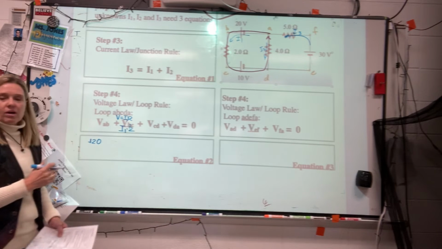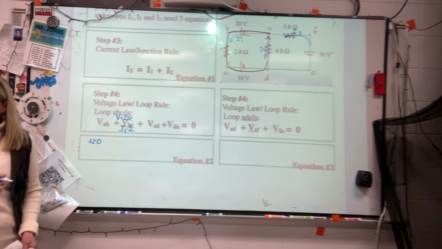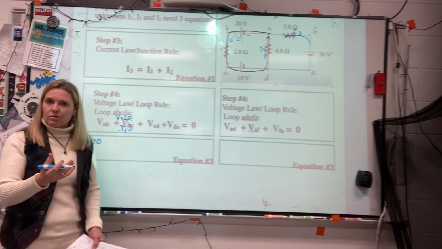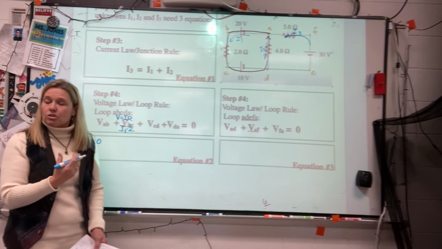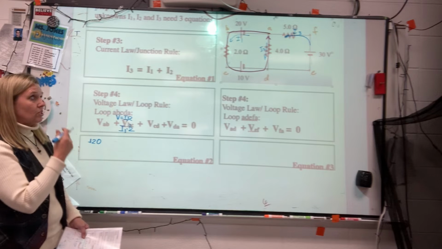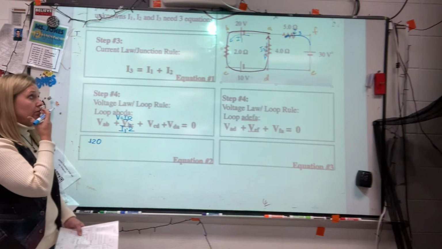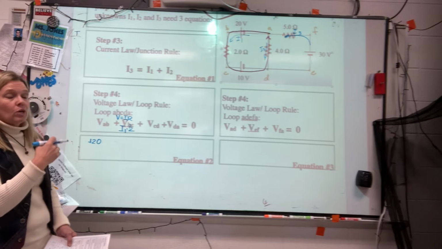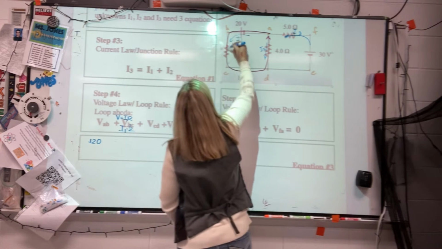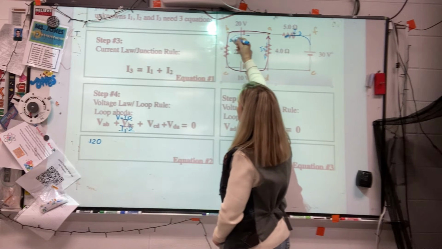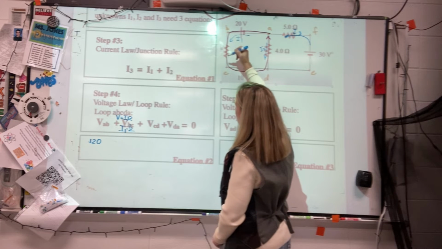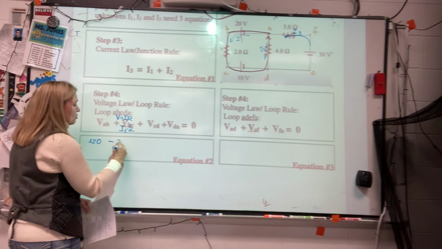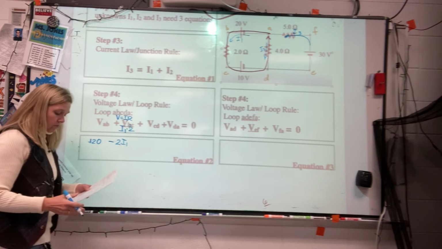But we like to write it so it looks like math, and with math we put the coefficient first. Now, what about sign? Positive or negative? Negative. The rule is, if your loop and your current are in the same direction, then it's going to be negative. So we have a negative 2I1.